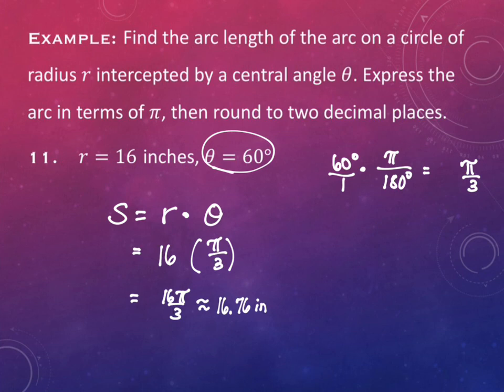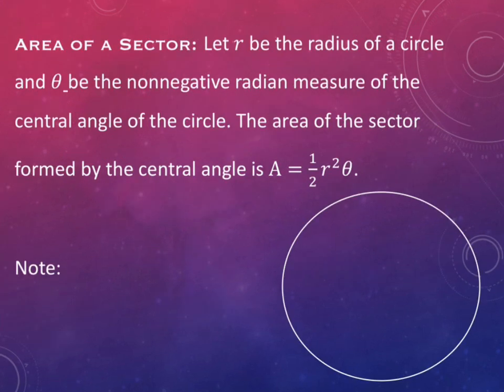So the idea that we got something that's almost 16 makes sense. Okay? Area. So have you ever wondered how they calculate the calories in one little slice of the pizza compared to the whole pizza, right? They're doing it using the area of the slices. Okay, so finding the area of a sector of a circle. So a sector, visually speaking, is the pizza piece. So again, we can draw this wherever we would like.